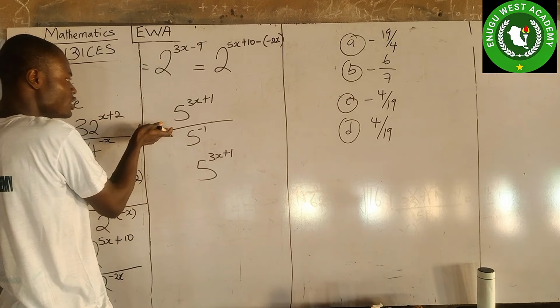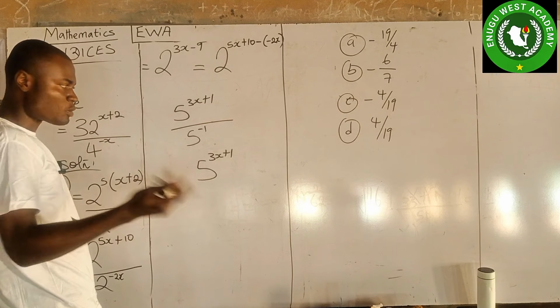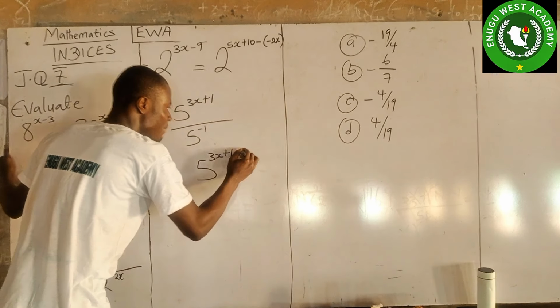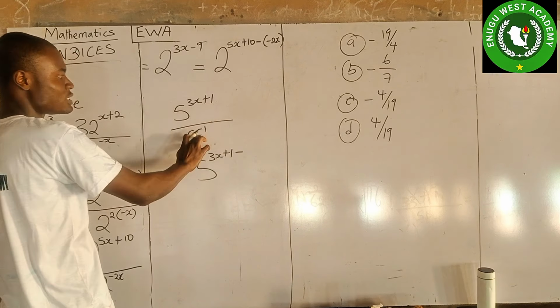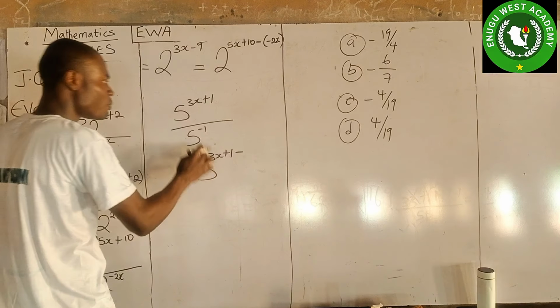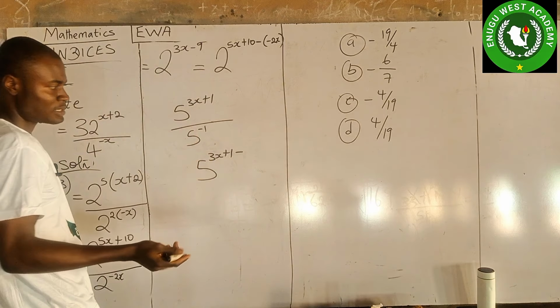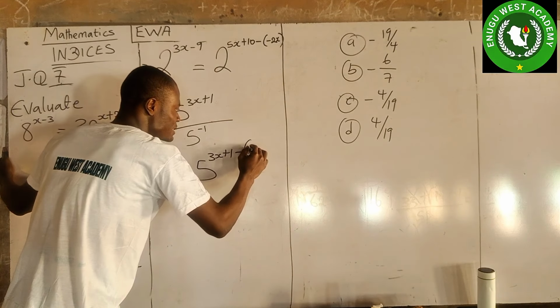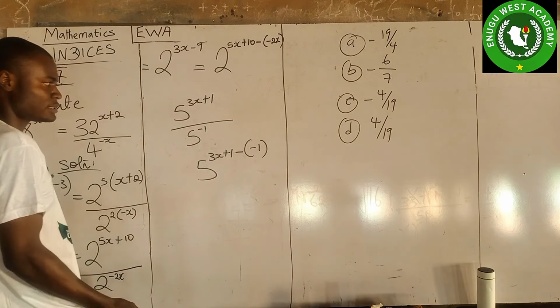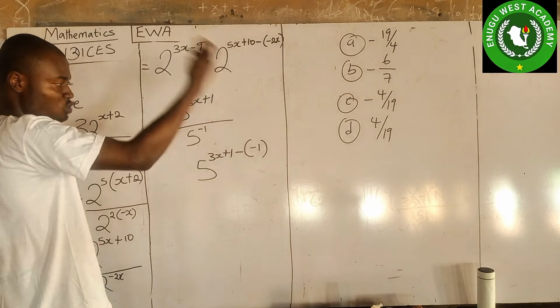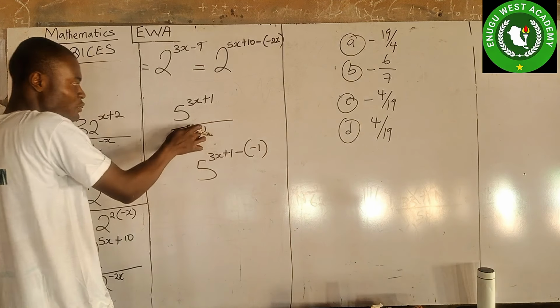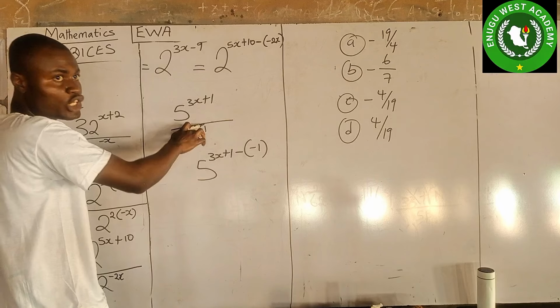After that, do you remember that division changes to what? Subtraction. You now have minus. This minus is for the division. Then you now enter to the second power. Now, the second power carries minus 1. So, you now put inside bracket as minus 1. Hope you are following. But the minus here is for the division that changes to subtraction. The minus 1 is the value of the power at the denominator.